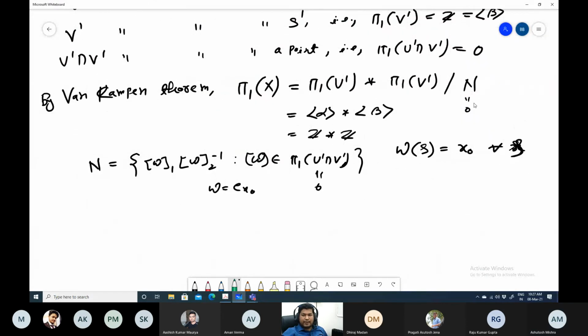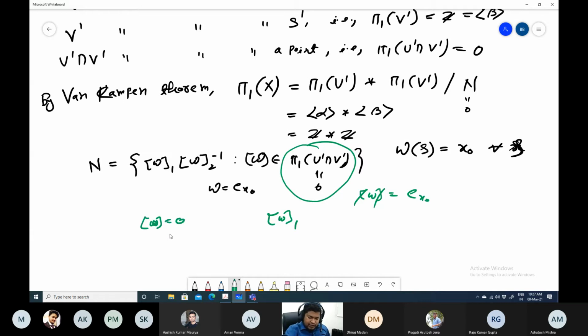Why is this n zero? See, this fundamental group is 0. That means you can take your W always as e_{x0}, where x0 is the base point. Now if you take W1, that will again be e_{x0} only. So if W is 0, then W1 is also 0 and W2 is also 0.